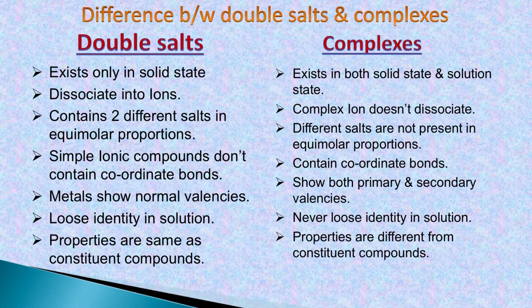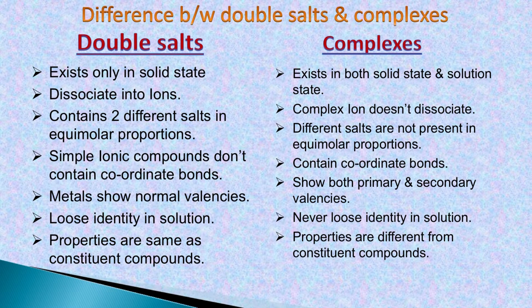In double salts, each salt dissociates into its individual ions, but here they don't dissociate. You see the square bracket [Cu(NH3)4], that part will never be dissociated. Sulfate तो dissociate होके वो तो घूमता फिरेगा चारों तरफ, लेकिन that part will remain undissociated.